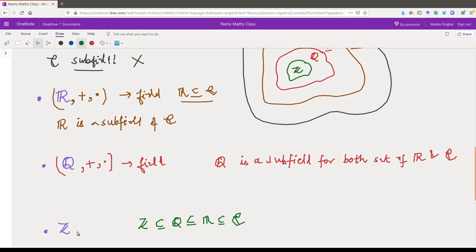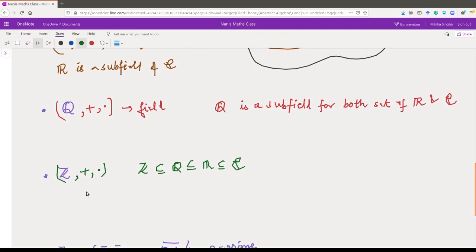But together with these operations, it is not a field. You can check all the properties. This is not a field. Since it is not a field in itself, we can say that it is not a subfield of any of these.